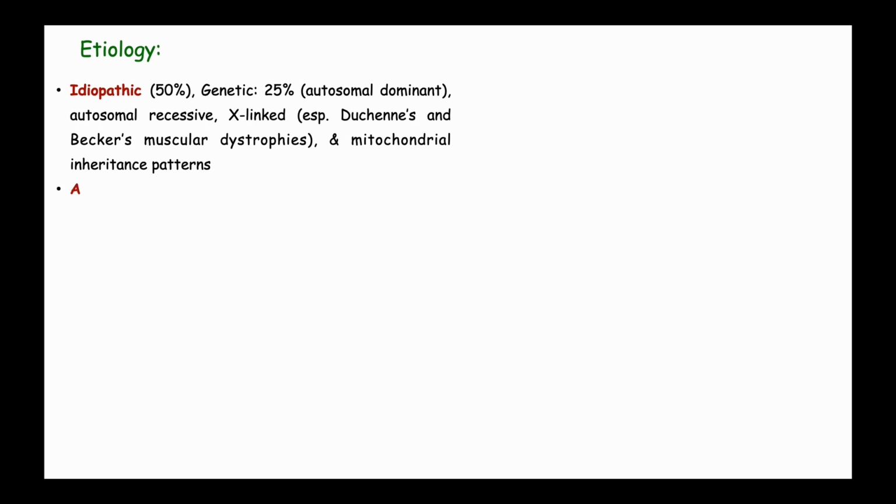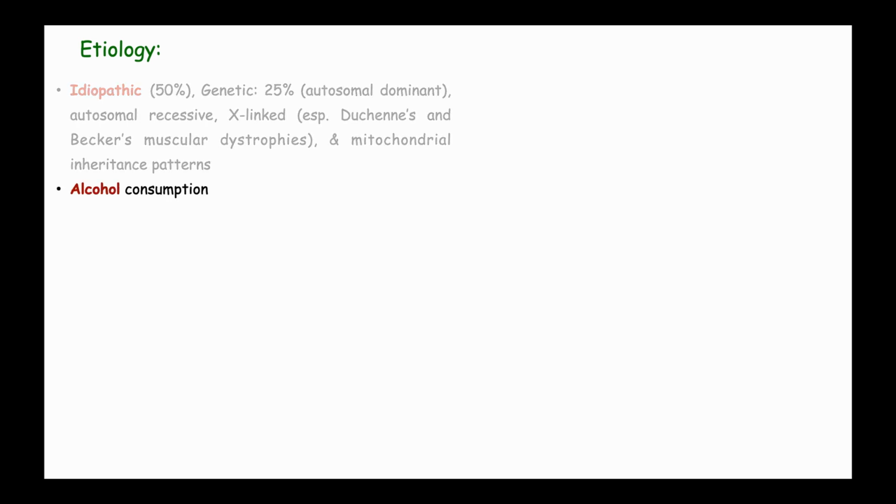Another cause of dilated cardiomyopathy is alcohol. Chronic alcohol consumption is implicated in the development of dilated cardiomyopathy. Though the exact pathogenesis isn't known, we know that ethanol interferes with oxidative phosphorylation as well as fatty acid oxidation, leading to cellular dysfunction of the heart muscles.